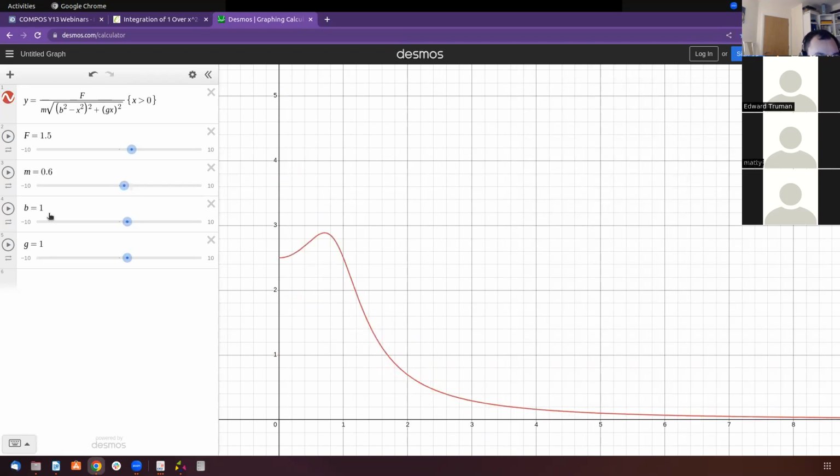Now, B is the natural frequency. So let's make it bigger. Let's make it 3 radians per second. And now G, finally, is the most interesting one. G is the coefficient of drag.